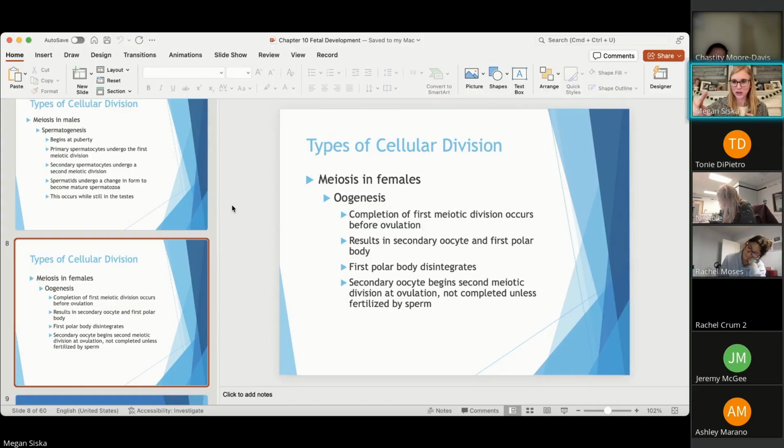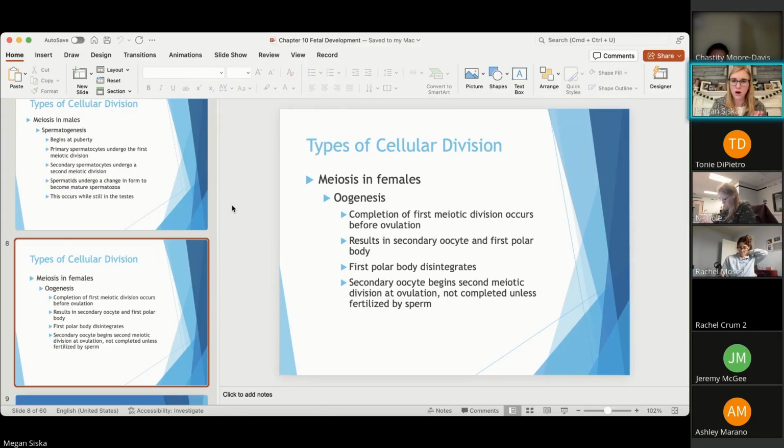You'll see a picture of them here, but you do not need to know about polar bodies. As they go through this cell change, they create these extra little polar bodies. The secondary oocyte, as it matures and changes, begins the second division at ovulation, but that doesn't get completed unless the egg is fertilized by a sperm.